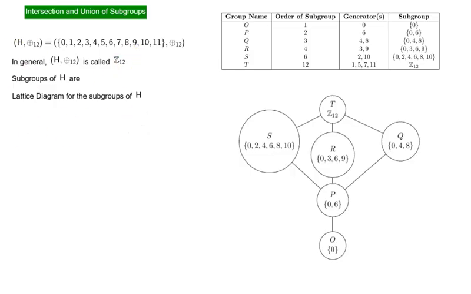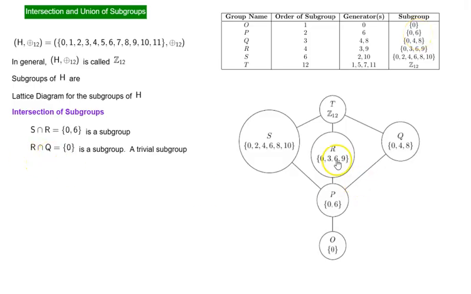Now let's look at the intersection of these subgroups. Let's look at the intersection between S and R. So S intersection R gives us what? 0 and 6 only. So 0, 6 is a subgroup of order 2. R intersection Q will contain what? It will contain 0.